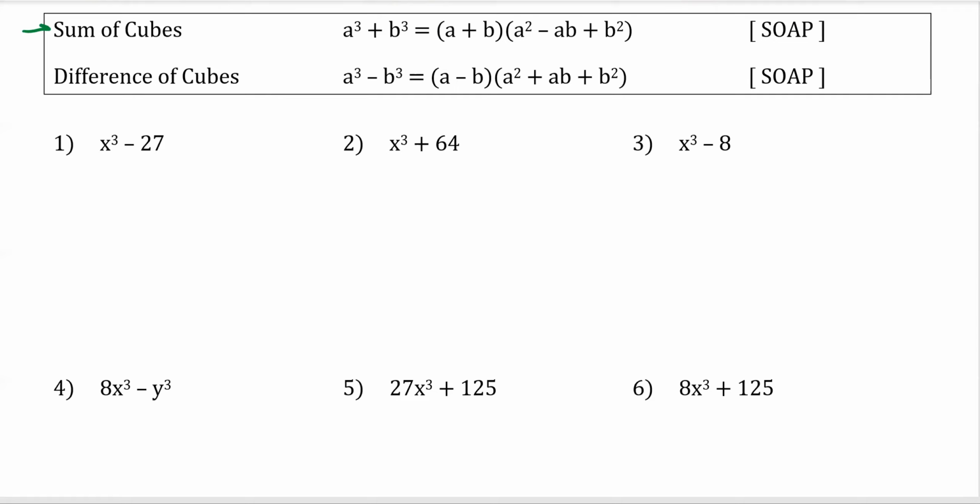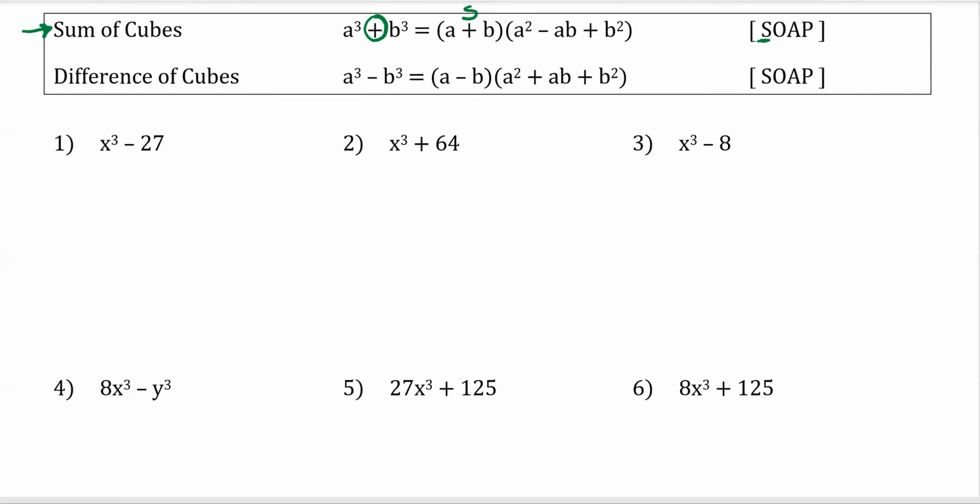The pattern for a sum of perfect cubes is that the first factor is the cube root of a and b. This S right here means same. You're going to give this factor the same sign that is in the expression.